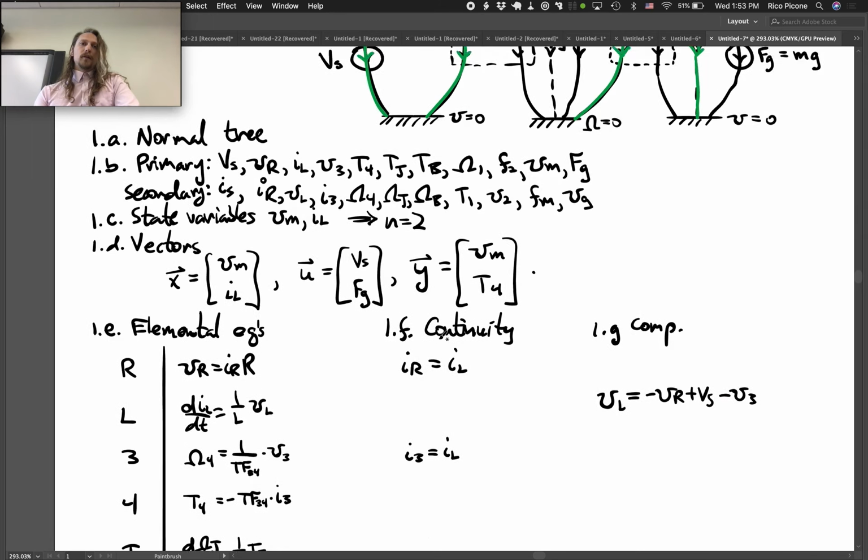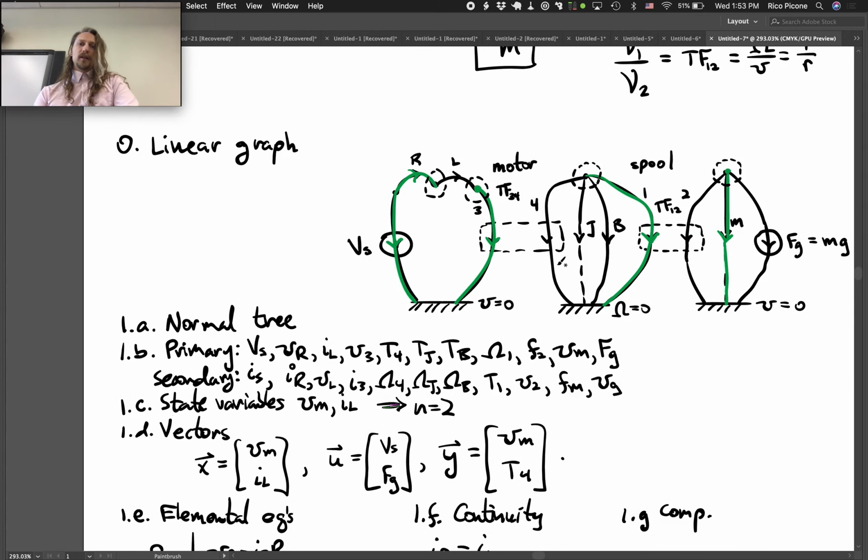And the 4 element here is also a link. If we put it in, it has this loop here with 1. It's actually the same as J and B, right? Omega 4 equals omega 1, omega J equals omega 1, omega B equals omega 1.